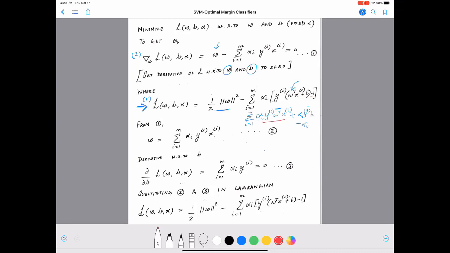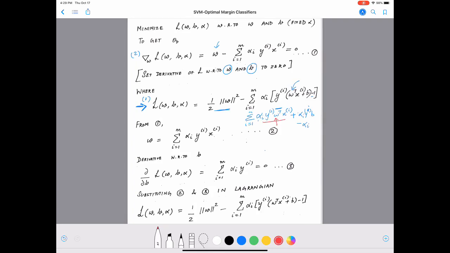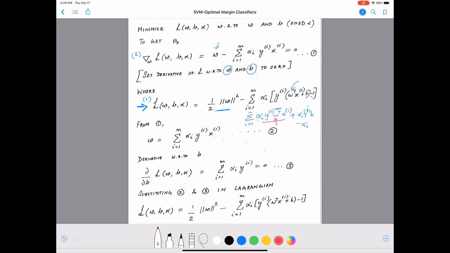So when we differentiate, it is a polynomial of degree 1, right? W transpose, when you differentiate this, this is the vector notation, but it is just W. So it'll go away, and we just get the coefficient, which is alpha i, yi, xi, which is what we have here.